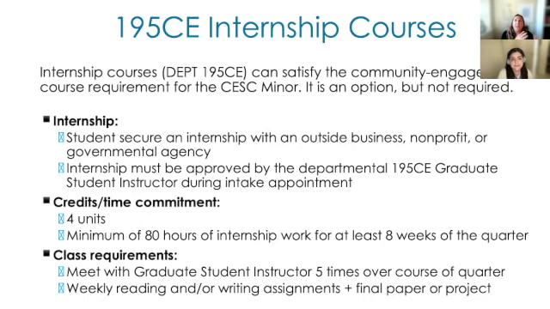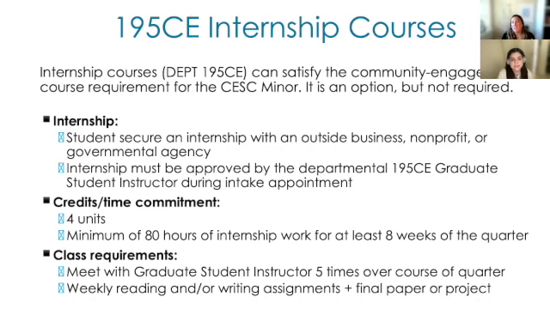So the way that it works is students would identify and secure an internship with an outside business, nonprofit, or governmental agency. And then we have a great list of enrollment instructions on our 195 CE website that you would follow.